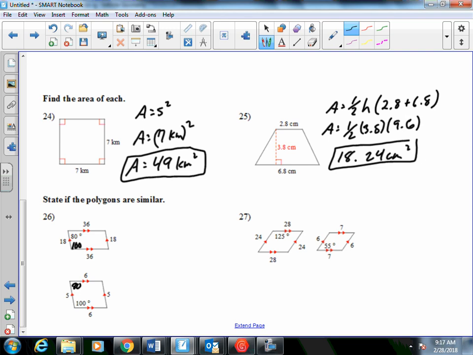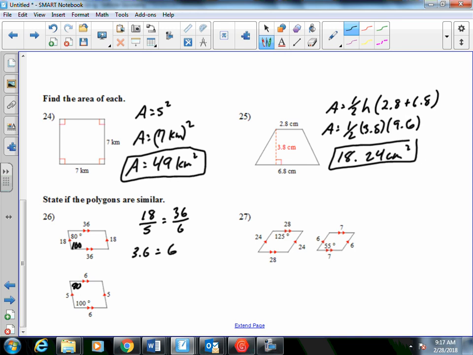So we've got 18/5 would have to equal 36/6, and 18 divided by 5 is 3.6, I believe. 36 divided by 6 is 6.